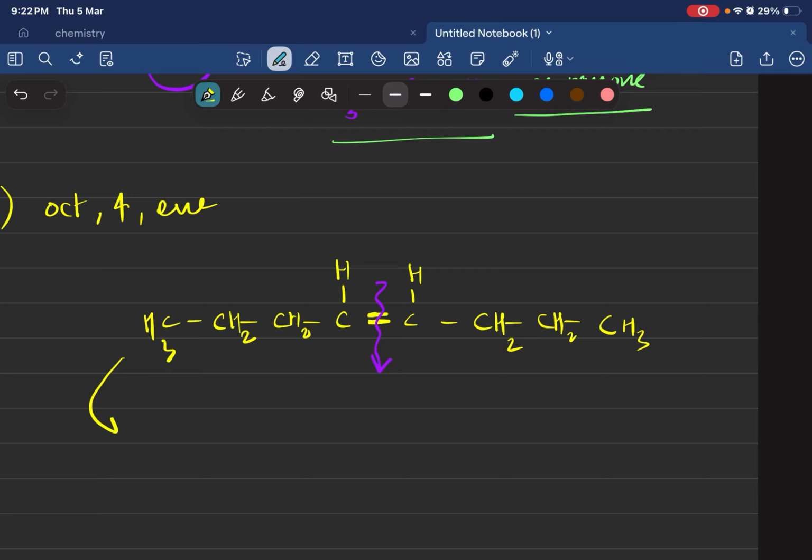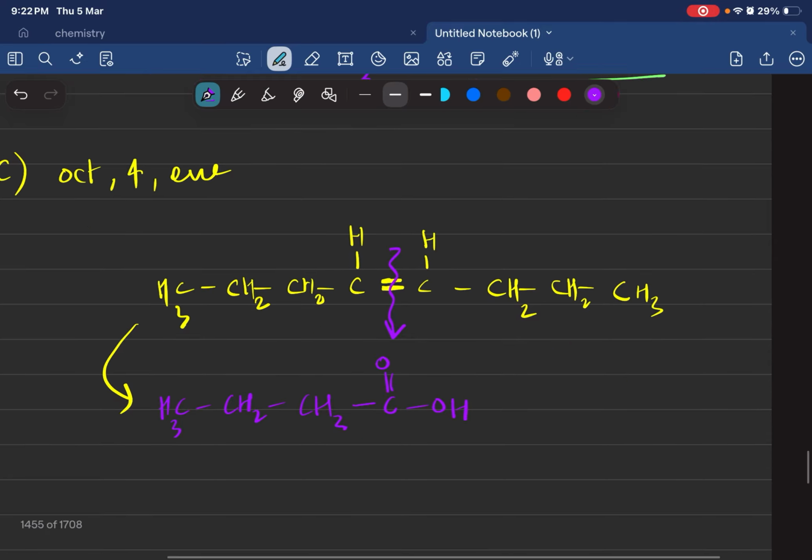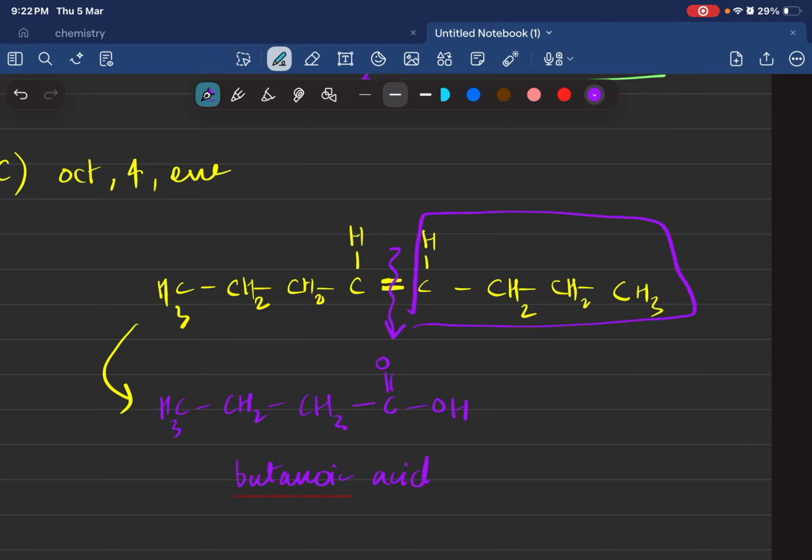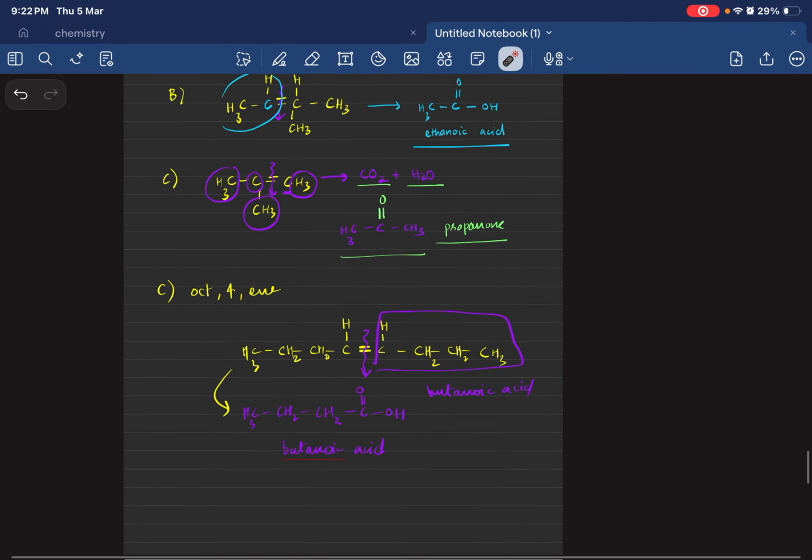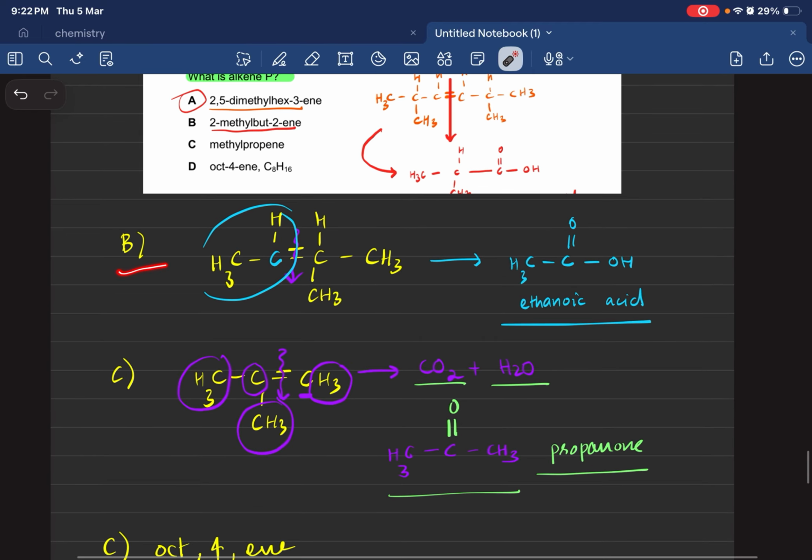So over here, we form CH3, CH2, CH2, C double bonded O, OH, our 4 carbons, butanoic acid. And on this part as well, it's symmetrical, so we're going to form butanoic acid.